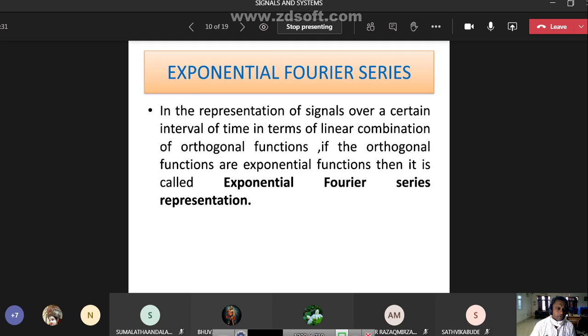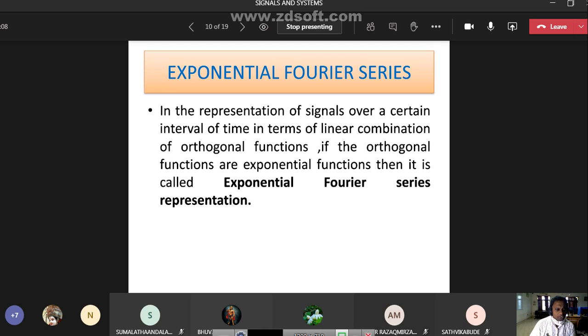Example also I have given for you. See, sin t can be written as (e^(jt) minus e^(-jt)) by 2j. You must have studied in intermediate mathematics the imaginary term i: e^(iθ) minus e^(-iθ) by 2i, like that is sin t in terms of exponentials. When we use such functions as a linear combination of orthogonal functions, that is called exponential Fourier series representation.